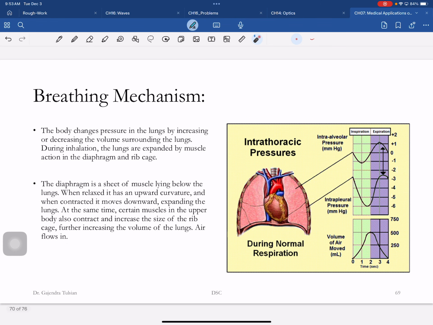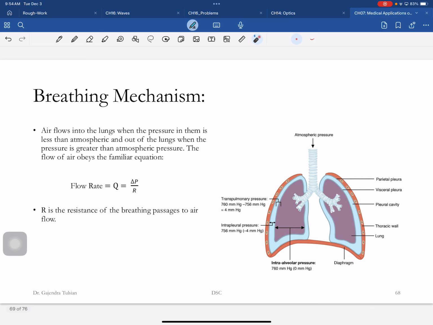Okay, so here we go. When you breathe in, you're lowering the diaphragm, and the intrapleural pressure drops from, in the other diagram it said minus 4, but it drops from minus 3 to minus 6. Okay, so let's go back here.